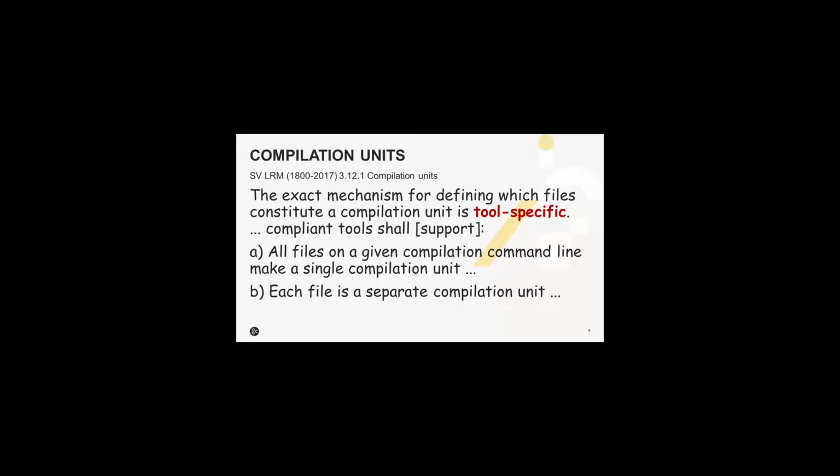Compliant tools shall support A, all files on a given compilation command line make a single compilation unit, and B, each file is a separate compilation unit. So obviously one of these two simulators is using A by default, and the other one is using B by default.